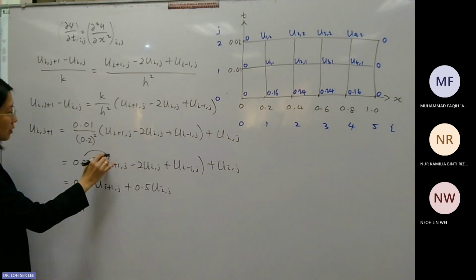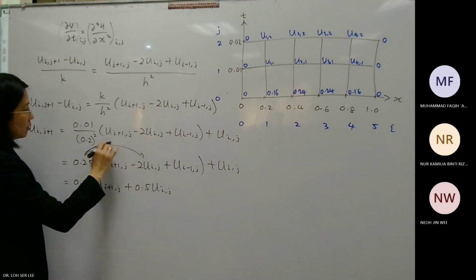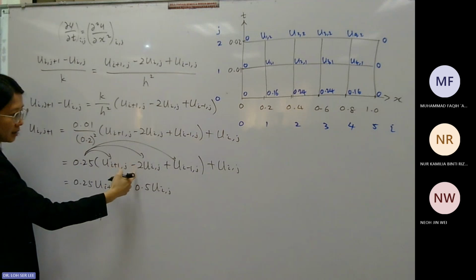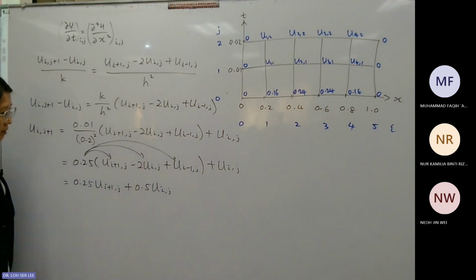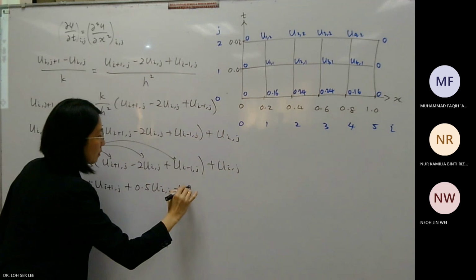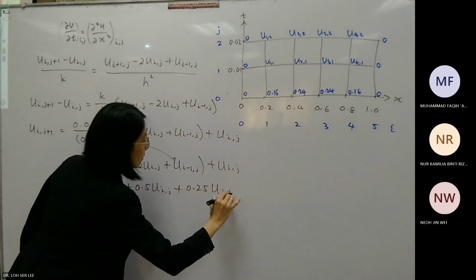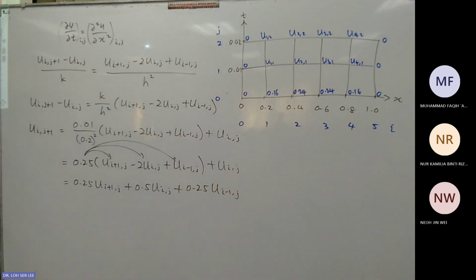Okay, so you have to multiply, then this one, after the multiplication, combine with this. Okay, so this is your formula. This is the formula.